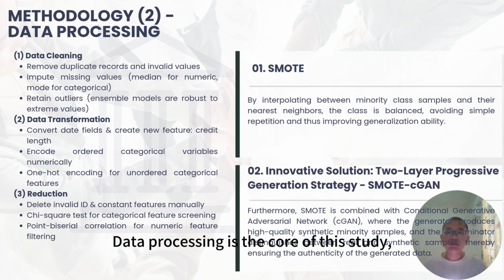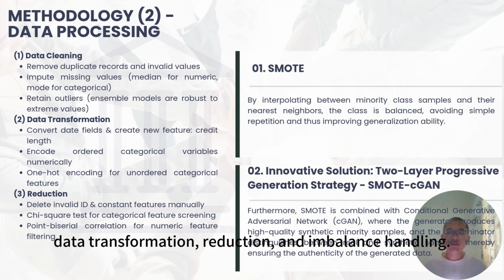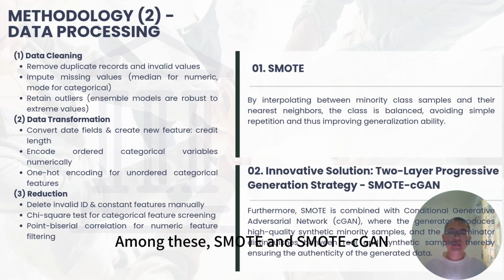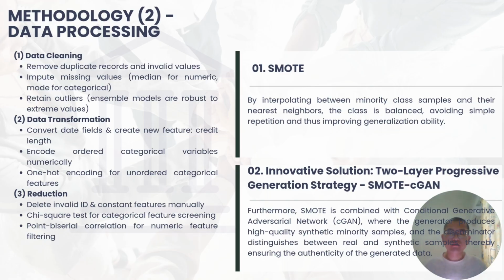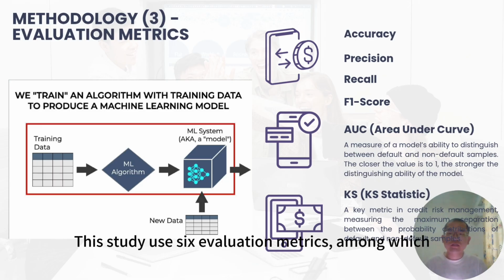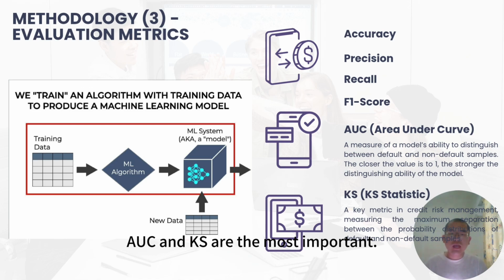Data processing is the core of this study, including data cleaning, data transformation, reduction, and imbalance handling. Among these, SMOTE and SMOTE-SIGAN are the most important. Both are essentially about generating new samples. This study uses 6 evaluation metrics, among which AUC and KS are the most important.